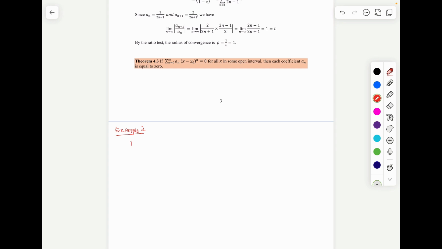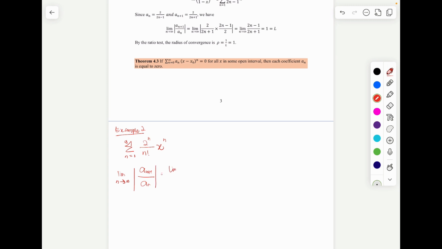The given series is 2 to the power of n divided by n factorial, x to the power of n. To find the radius of convergence first, we find the limit of a_(n+1) divided by a_n.